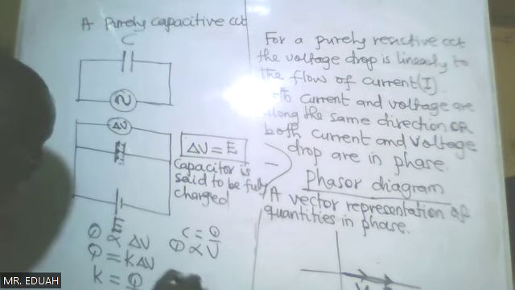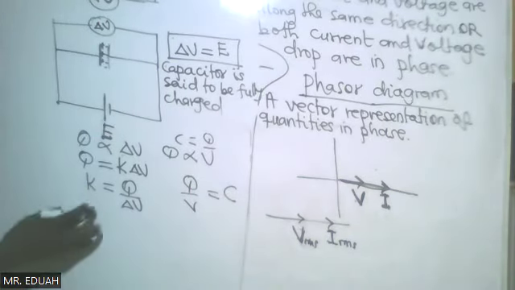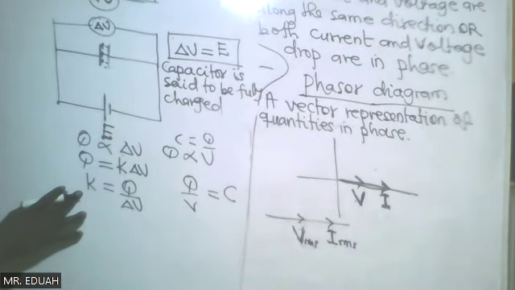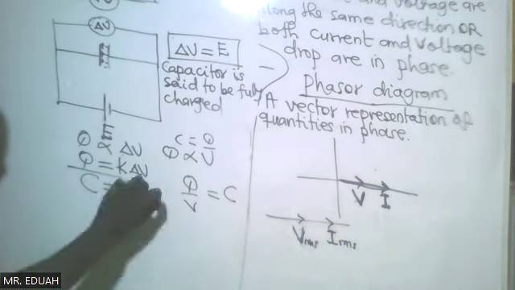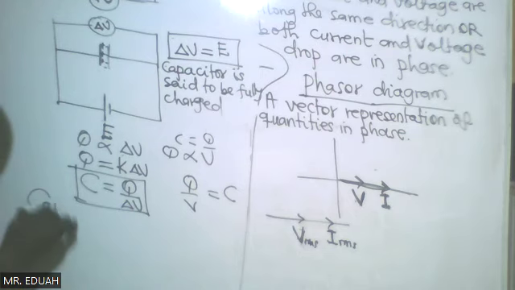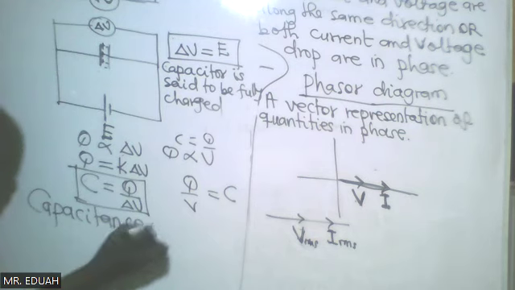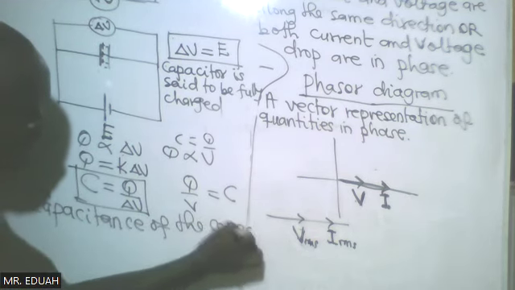And Q over V, charge over voltage, is what we call the capacitance of the capacitor. So the constant of proportionality here is what we call C, which is known as the capacitance of the capacitor.